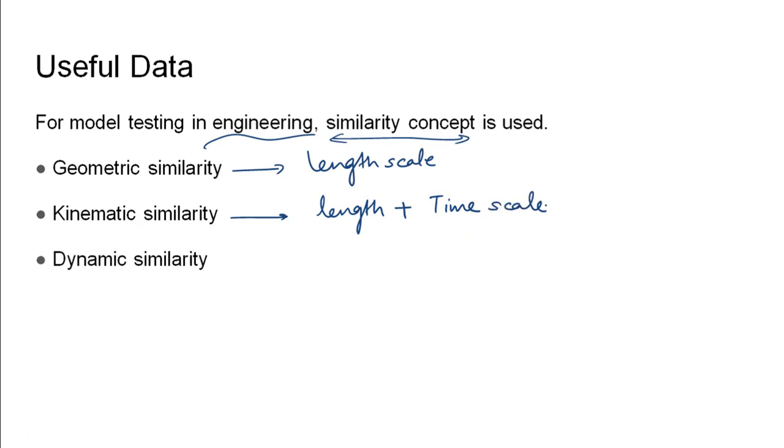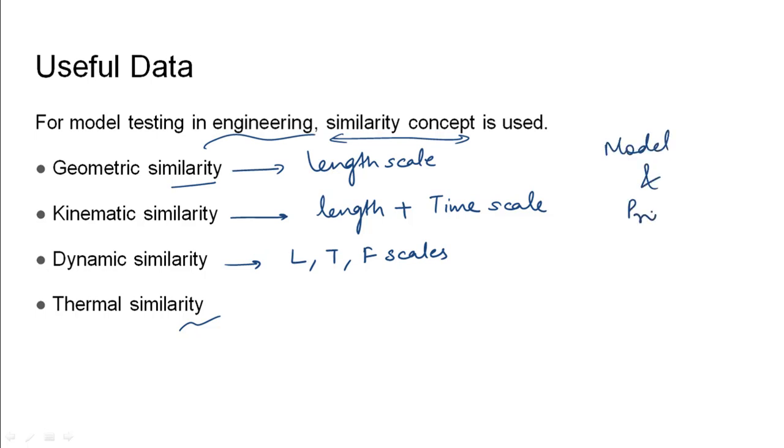The third one is dynamic similarity, where we use length, time and force scales together to compare the model and prototype. Another concept is thermal similarity, which is used in some cases. So depending upon the application, different kinds of similarity concepts are used for comparing the model and prototype.